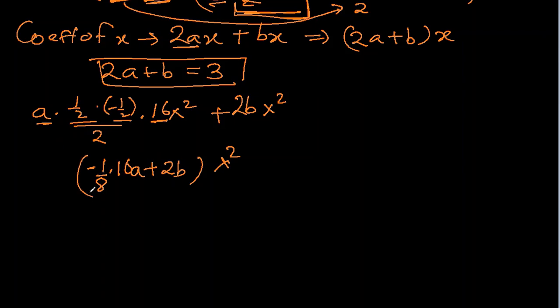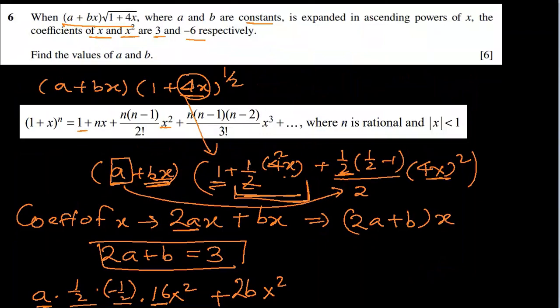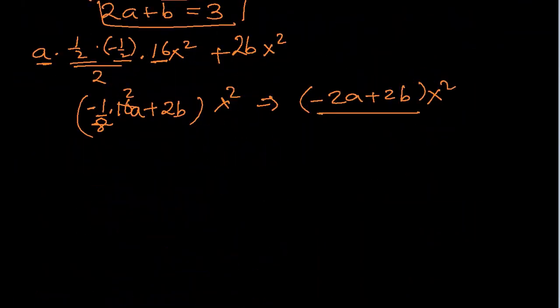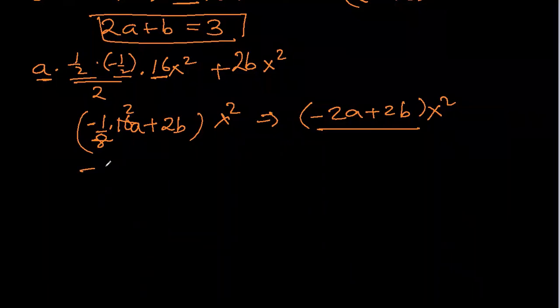Alright, that's the simplified version of this, and finally we can write 8 and 16 will cancel out, actually, 2. So minus 2a plus 2b x square is the term with x square, and minus 2a plus 2b is the coefficient. And they said the coefficient of x square is actually minus 6. So we'll write the equation like that. Minus 2a plus 2b equal to minus 6.